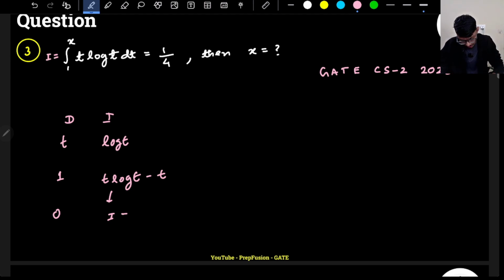In the DI method we write the signs plus, minus, plus alternating, then we multiply, and as there is 0 we stop here.